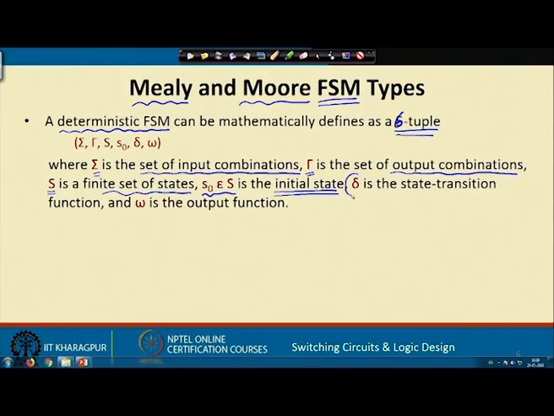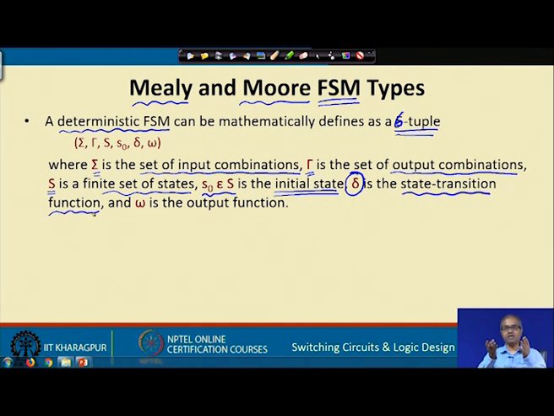All right. And of course, this is not enough. You also have to specify something called delta, which is the state transition function. It will tell you that if you are in a state Si and some particular input I comes, which state Sj you will go to. That is defined by this function delta.